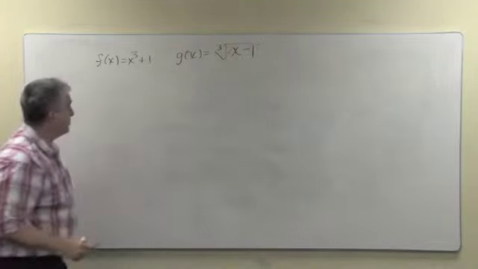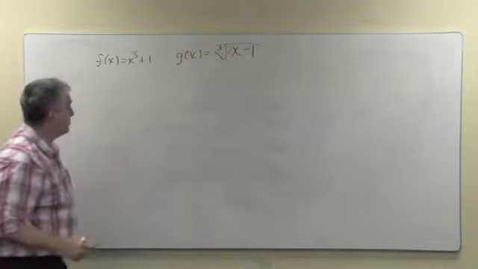That's what it means. So we take the f function, and the f function says cube whatever you put in there and add the 1. Now the thing we're cubing is g of x, so we're going to put g of x inside the parentheses. And we're going to go back and ask, what does g of x represent? Well, g of x represents the cube root of x minus 1.